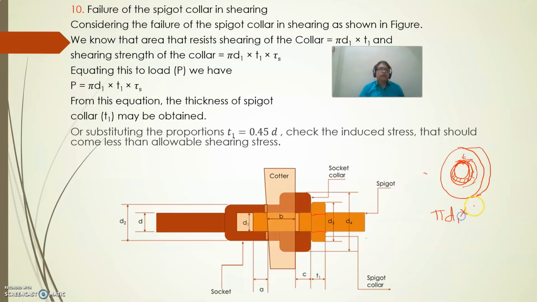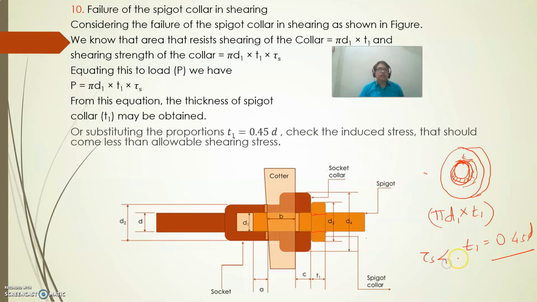So pi d1 into t1 is the circumferential length into the thickness, and then into tau s. Now you can put t1 equal to 0.4 times d here and get tau s. Check the stress tau s.